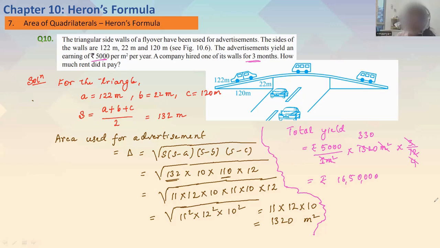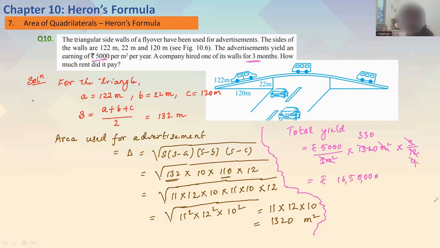If we use cross multiplication, if it's 5,000 rupees for 3 months, or you can write 3 by 12 here, then x being the rent.